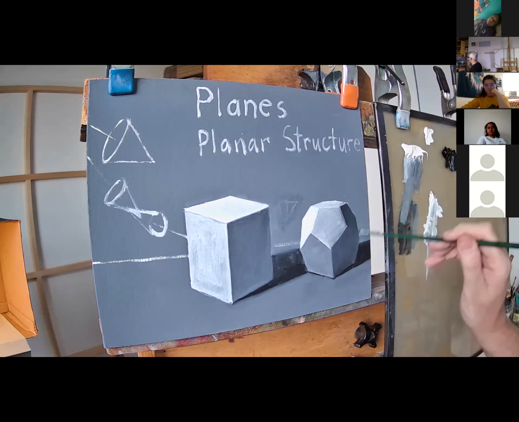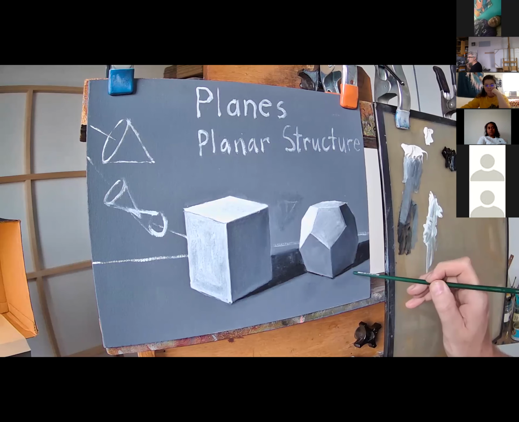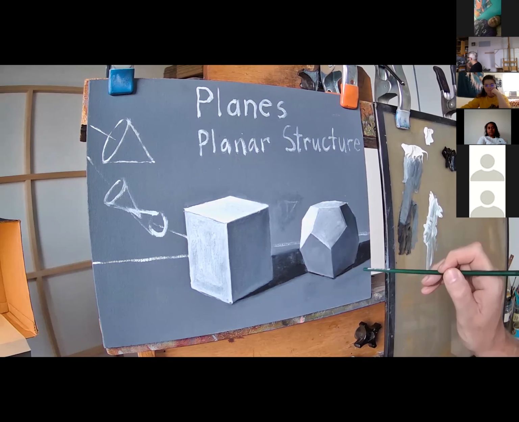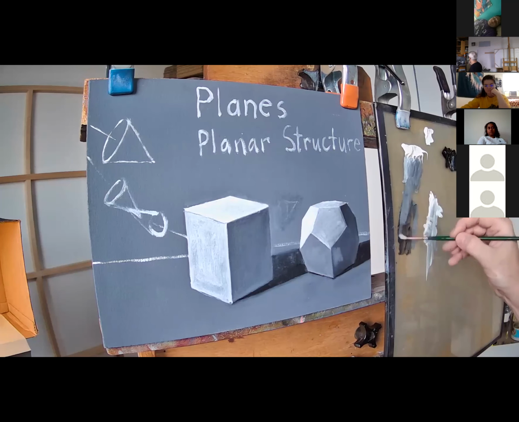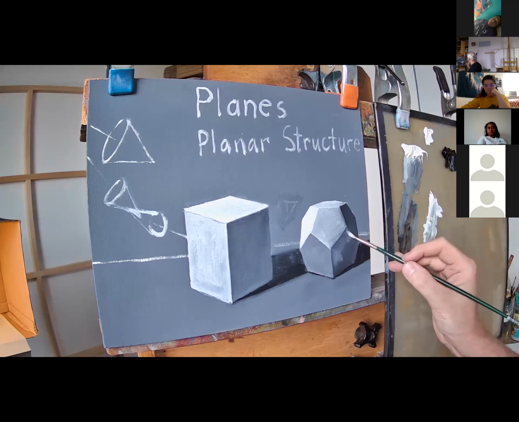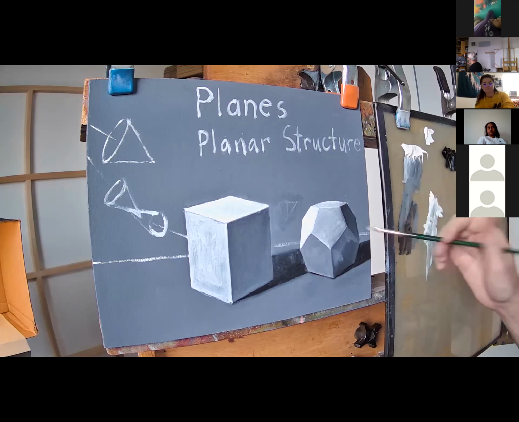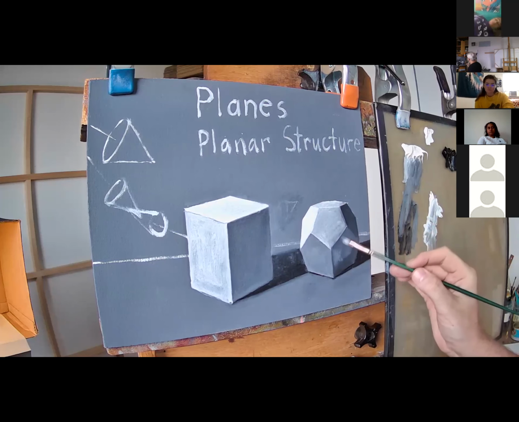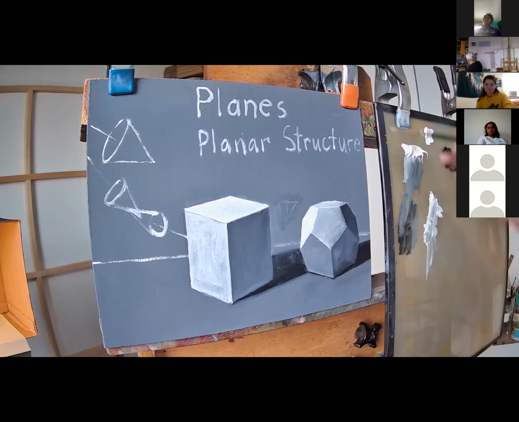So these two planes are both turned away from the light source. But this plane is going to be getting some pretty strong reflected light off of this surface. So light is going to be hitting the surface and then bouncing back into this plane. So we are almost definitely going to see this plane as slightly lighter than this plane, because light is reflecting off of the table and bouncing back into that plane.